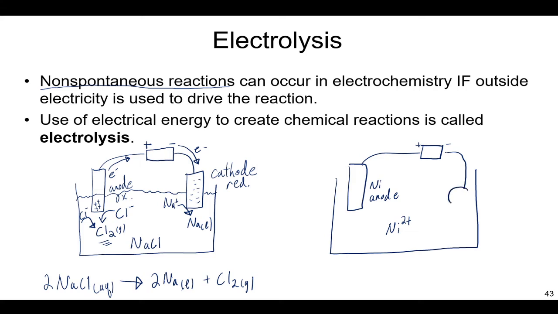And down here, you can have a steel object, like a steel ring, like a wedding ring or something. And what happens is the nickel 2 plus will go into the solution because you've pulled away its electrons.